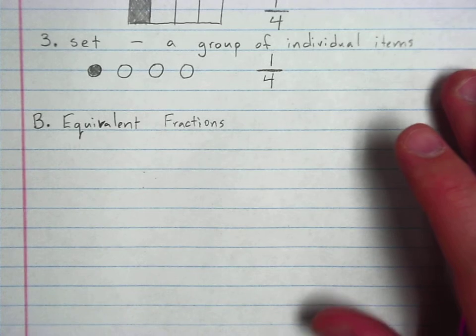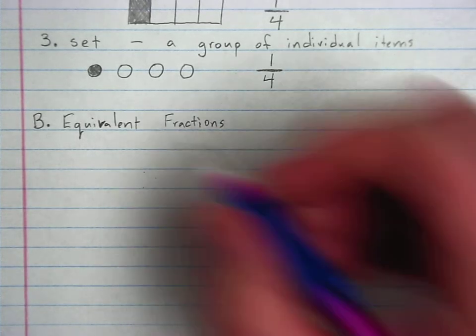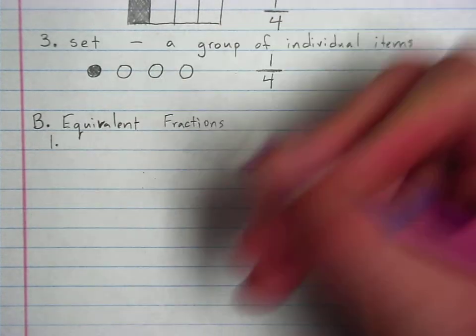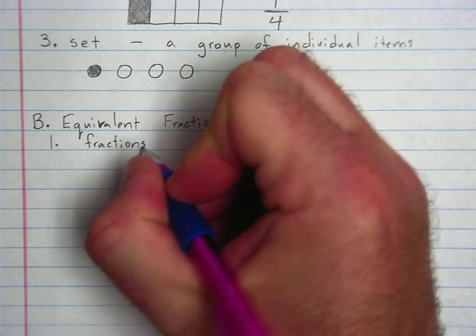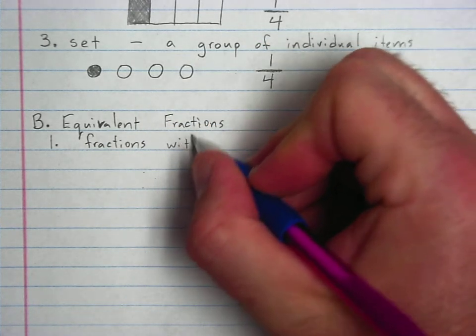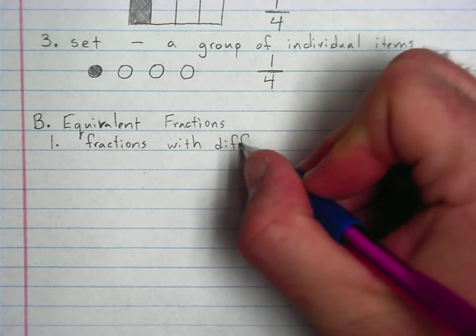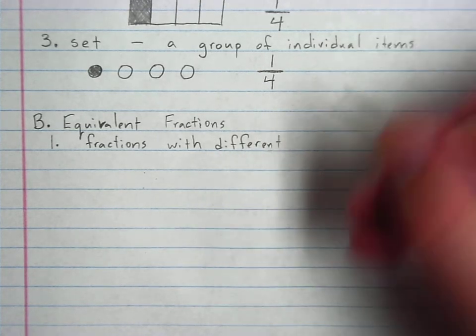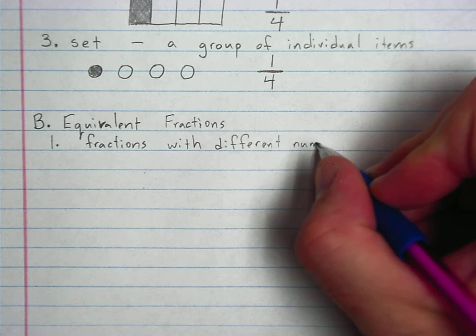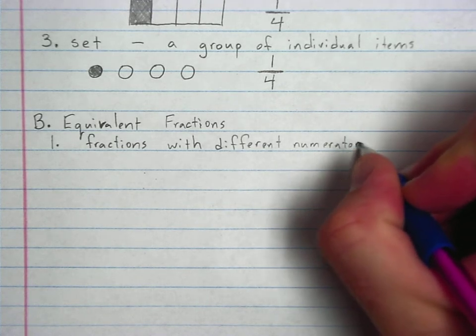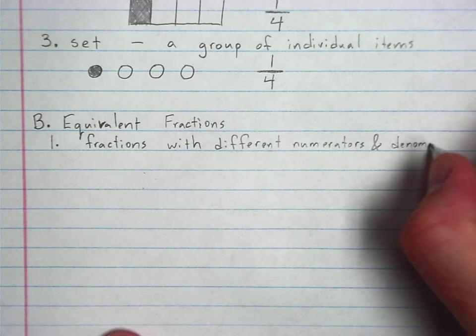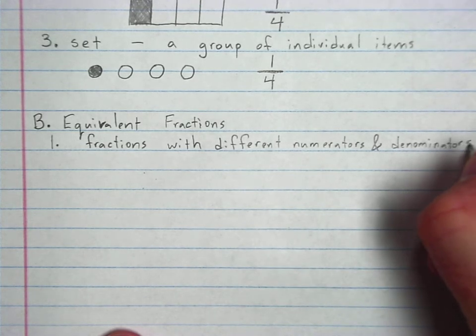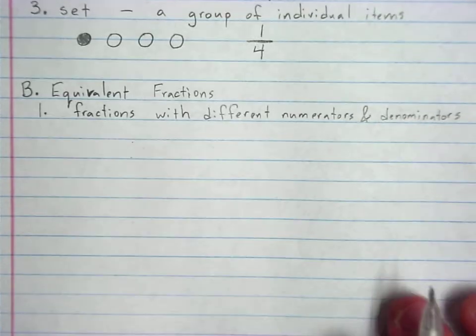All right, equivalent fractions. I just mentioned a moment ago. These are fractions with different numerators and denominators. I'll show you some examples, but basically the numerators, the denominators, going off the screen. Oh, no, that's it. Okay.